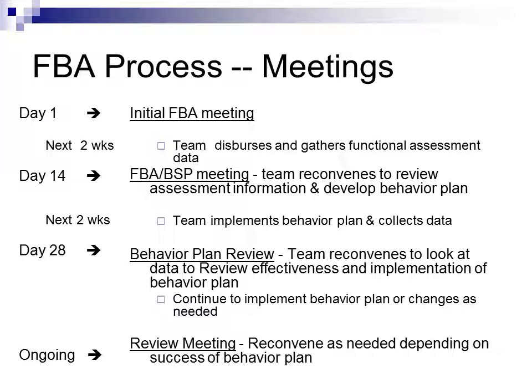Usually that process takes about 2 weeks. It's pretty time intensive, and it can be rather labor intensive. So you're only going to do this with students for whom other kinds of interventions haven't worked. So sometimes a little bit less, but usually about 2 weeks to gather the information. After 2 weeks, you come back together and you have a behavior support meeting.